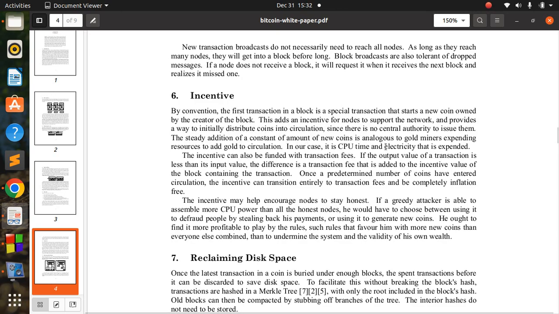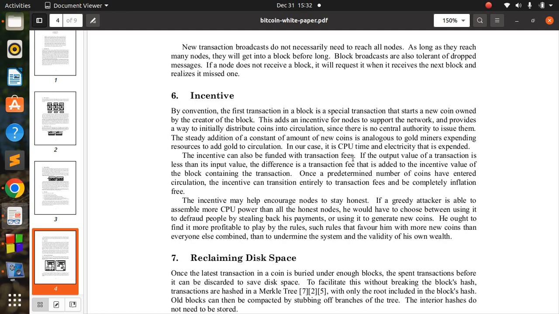Since there is no central authority to issue them, the steady addition of a constant amount of new coins is analogous to gold miners expending resources to add gold to circulation. In our case, it is CPU time and electricity that is expended. It's used to add coins into the blocks.